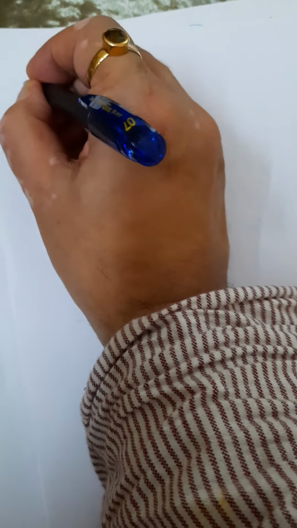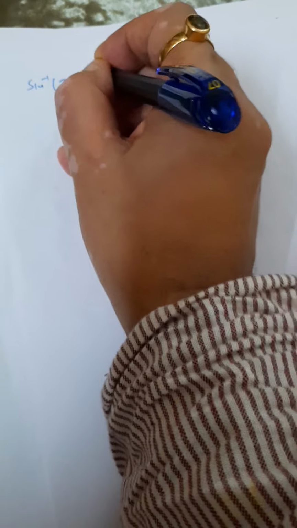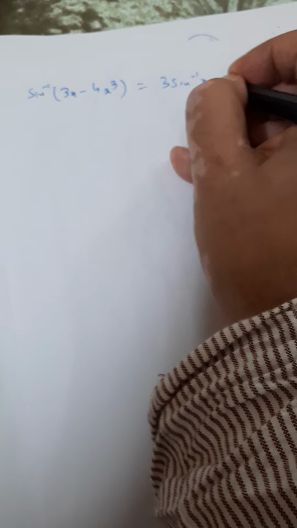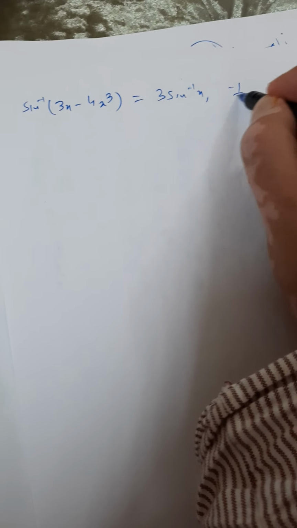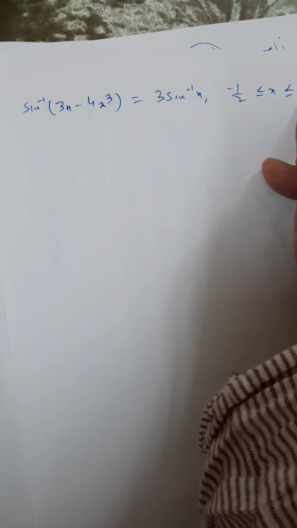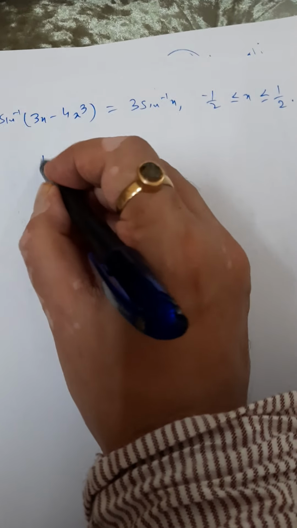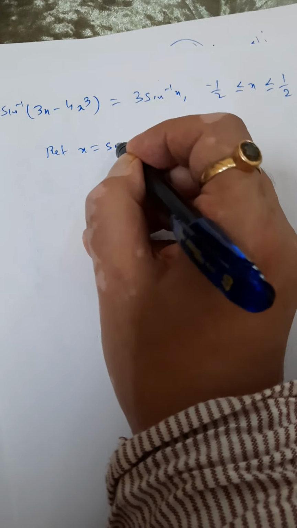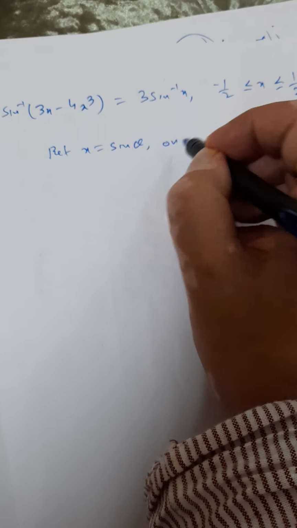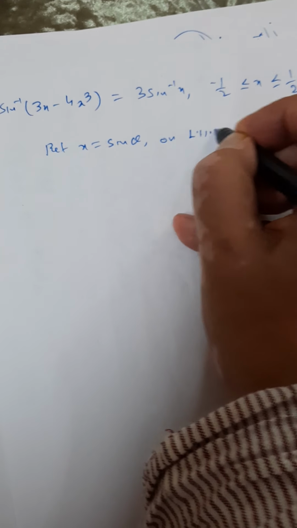Now third question, sine inverse of 3x minus 4x cube is 3 sine inverse x, where x lies between minus half to half. Now you have to put x equals sine theta on the left hand side.